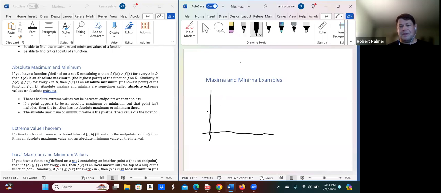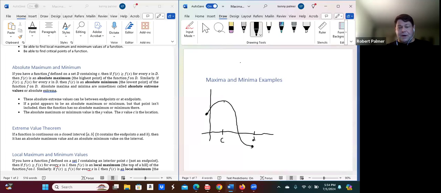Let's say I have a function that looks like this. Now, let's label a couple points. Let's say this x value right here is C, and this one is D.